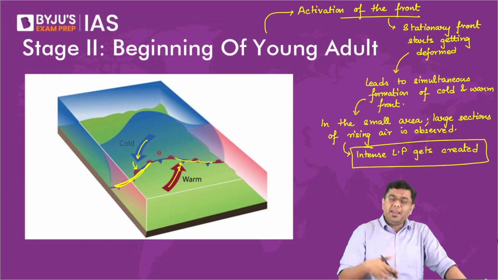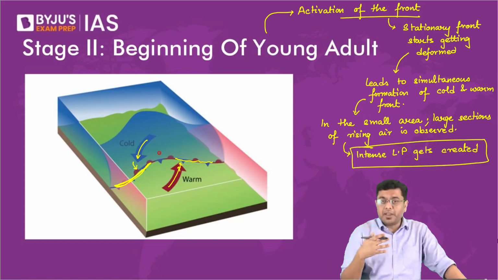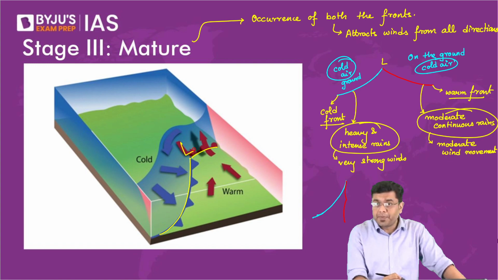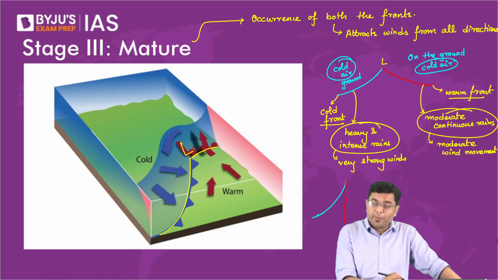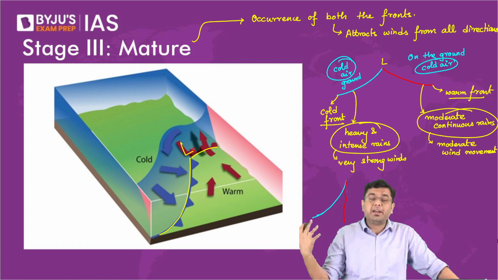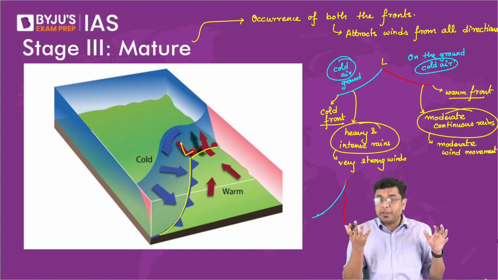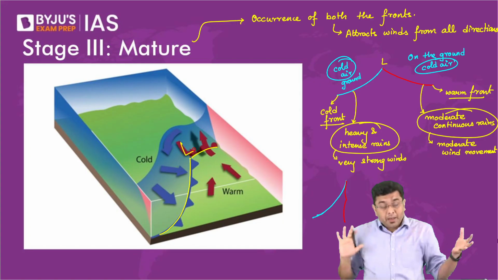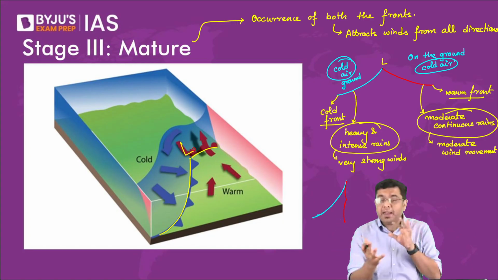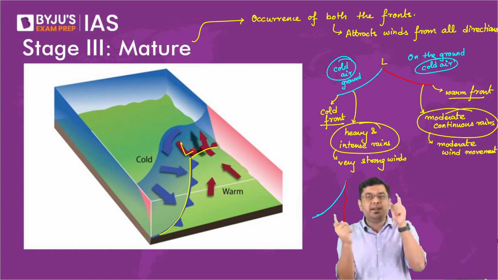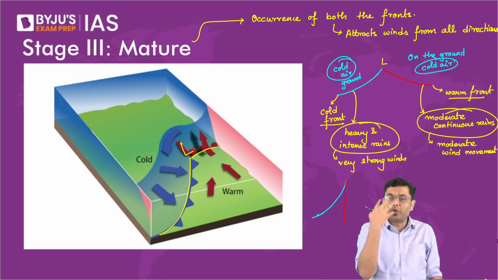So as the air starts rising up in both the cases, you have an intense low pressure which gets created. Now, due to that intense low pressure, air is attracted from all sides and it starts rising up around these frontal formations. But as the air is coming in, it will be influenced by the Coriolis effect. It will have its bending as it rises up. It will have a circulation.